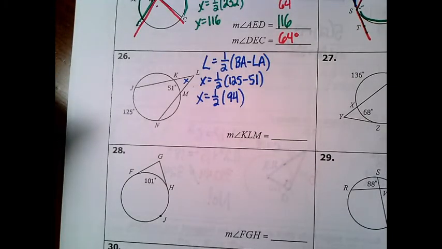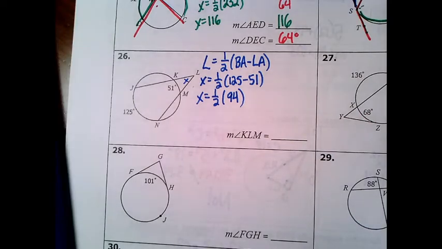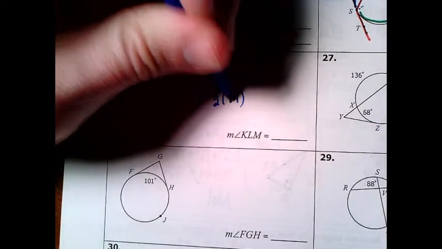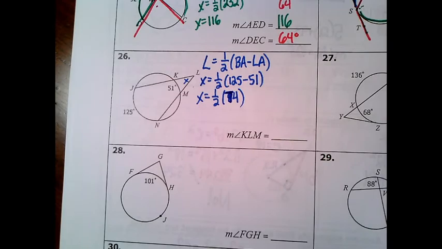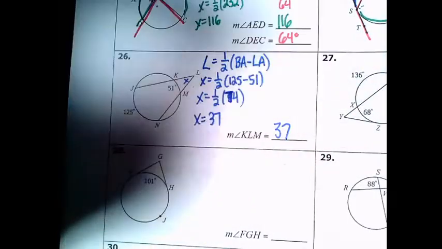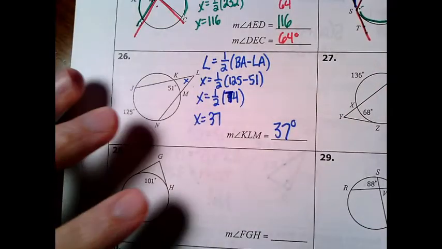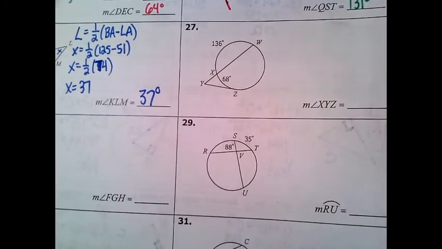Oh, not 94. Hold on. I think it's 74. 125 minus. Yep, 74. Sorry. And half of 74 is 37 degrees. There you go. So now we're getting the hang of it.